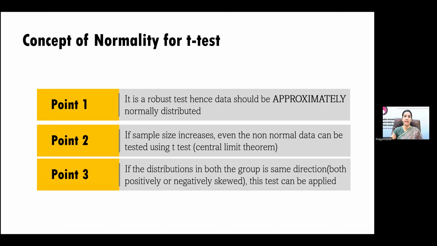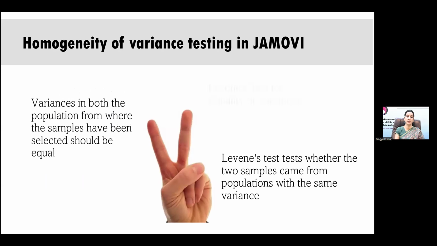The assumption is that if the direction of the skew is the same in both groups, then also you can go for the independent sample t-test. We'll see this again when I demo it, but if the dependent variable has a skewed distribution in the same direction across both independent groups, whether it is a right skew or a left skew, then also we can go with the independent sample t-test.